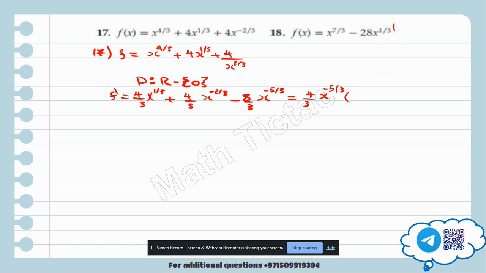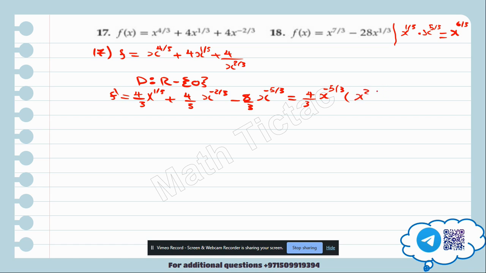Let's take them over here: x to the power 1 over 3 divided by x to the power minus 5 over 3, which is x to the power 5 over 3. So in here, this is equal to x to the power 6 over 3, which is x to the power 2.